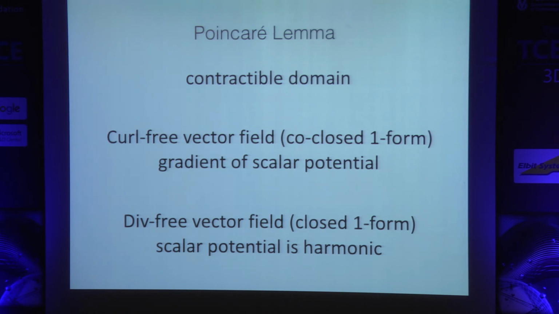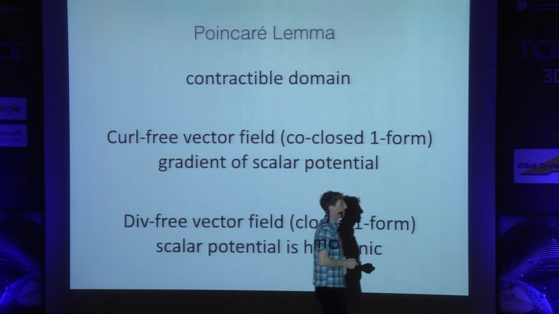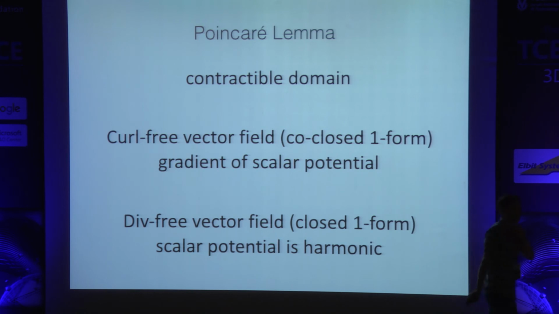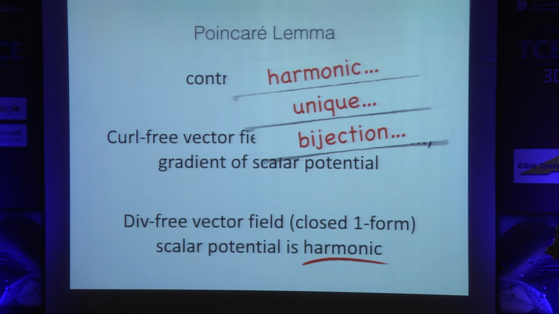And that scalar function turns out to be a special scalar function if the vector field is also divergence-free. In that case, it's a harmonic function, a solution of Laplace's equation. And that gets me very happy, because if I have a harmonic function, I immediately think of uniqueness of solution to Laplace's equation, and if I think of uniqueness, I start to have a plan for a bijection.